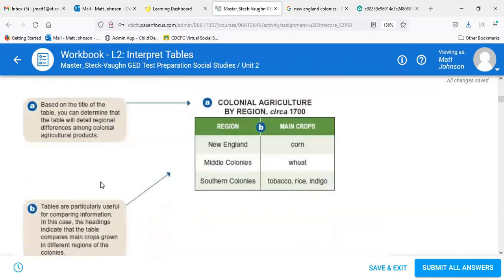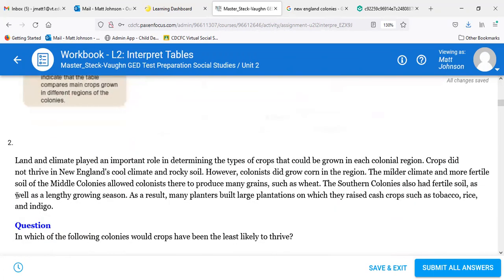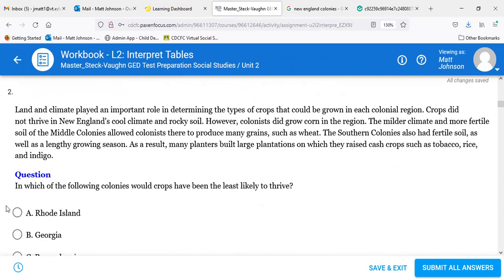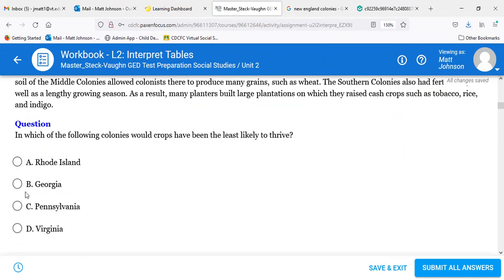All right, our same table and our same text. So number 2, in which of the following colonies would crops have been the least likely to thrive? A, Rhode Island, B, Georgia, C, Pennsylvania, and D, Virginia. So here, drawing on other information, right? Grace, did you have the answer?